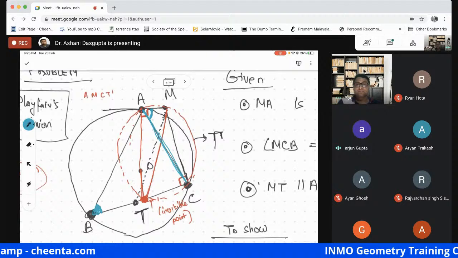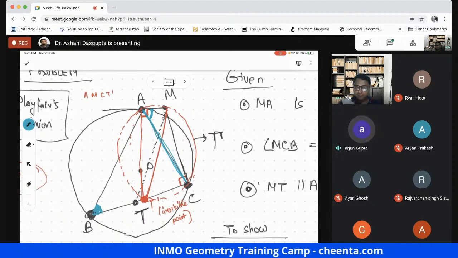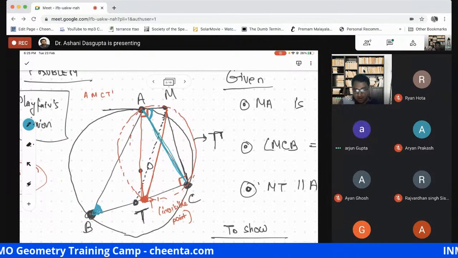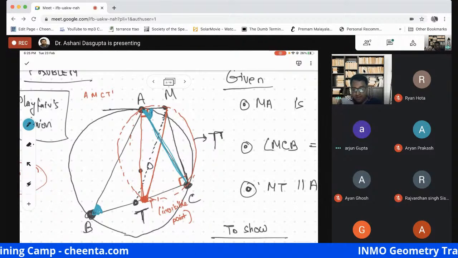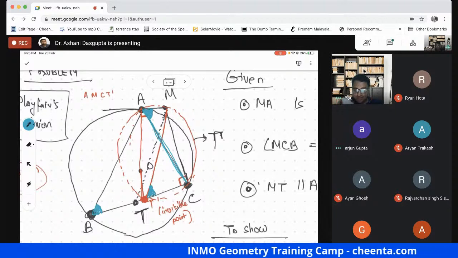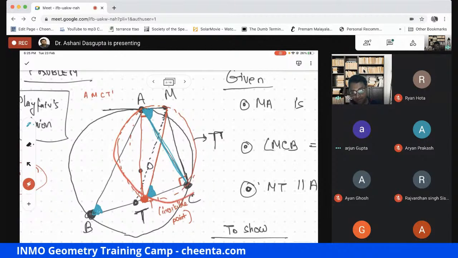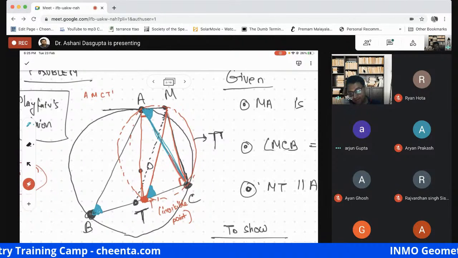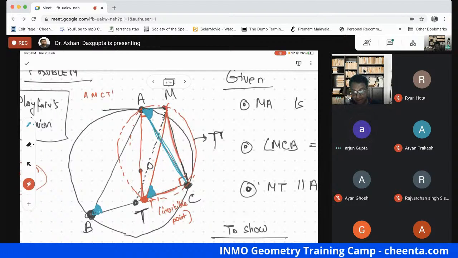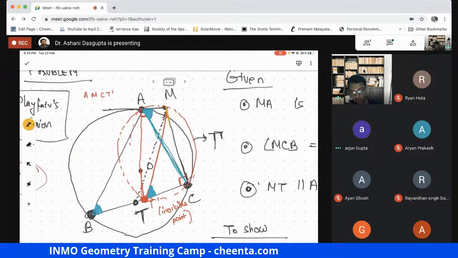Yeah, this quadrilateral AMCT dash was cyclic, so we also know that angle MAC is equal to angle MT dash C. So this angle right here is also equal to angle MT dash C because this is a cyclic quadrilateral, and these two angles are subtended by the same chord MC. So MC is the chord subtending both of these angles.